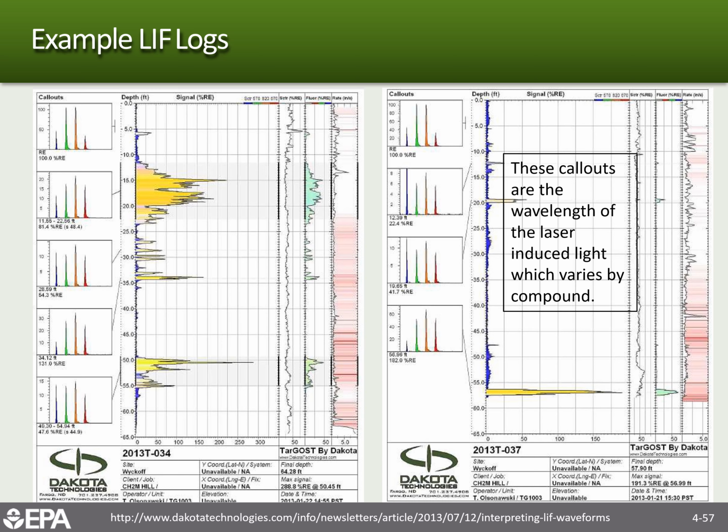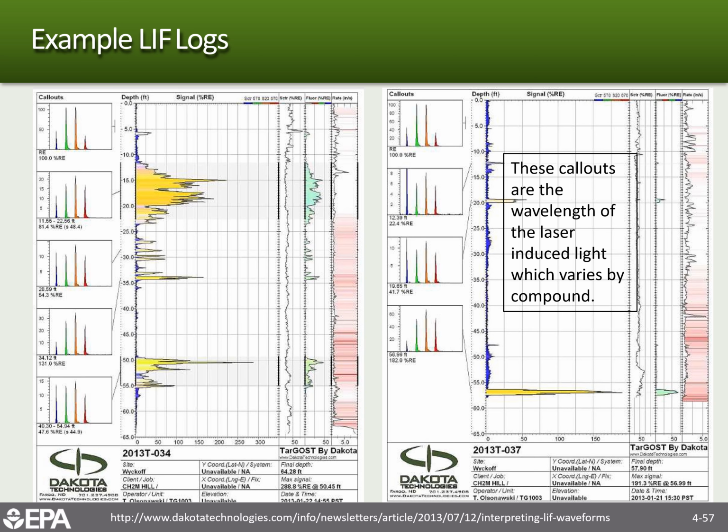So this is a readout of the log. You should understand that when these tools get pushed in the ground, there is a laser that is projected out into the formation. And NAPLs, LNAPLs or DNAPLs, will fluoresce at a certain frequency.